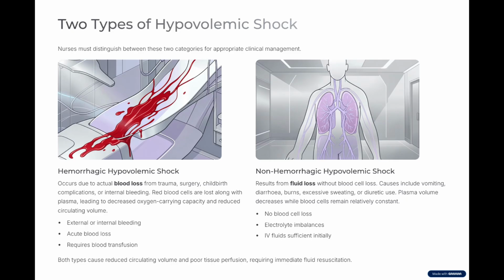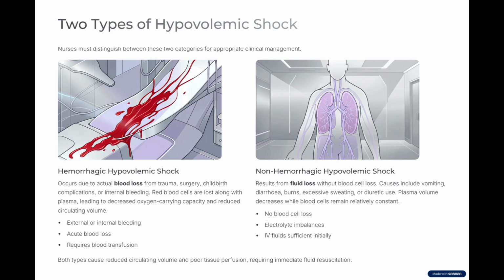Two types of hypovolemic shock. There are 2 primary types of hypovolemic shock: hemorrhagic and non-hemorrhagic. Hemorrhagic shock results from actual blood loss. Both red blood cells and plasma are lost, reducing oxygen carrying capacity and circulating volume. These patients often require blood transfusion in addition to fluid resuscitation.